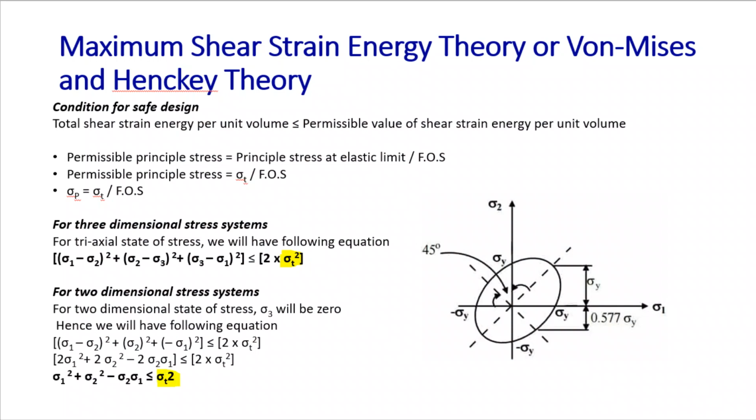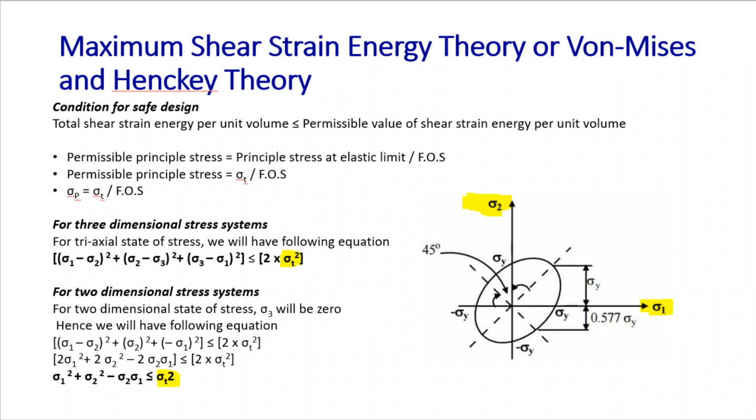Here also it is sigma t by factor of safety, whole square. This is for the 2D condition. If you plot the failure criterion, the failure plane will look like this, when your component of interest is under maximum shear strain energy in a two-dimensional stress system.